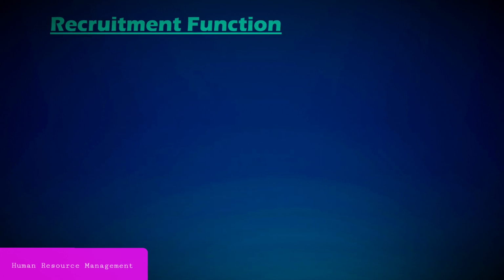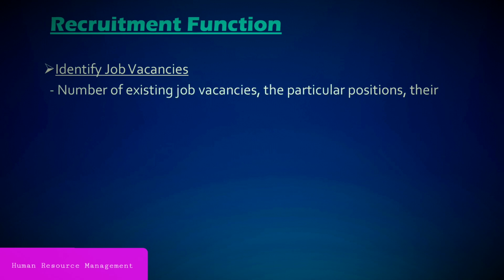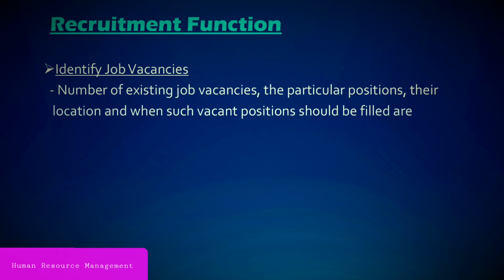Now let's look at what is meant by identifying the job vacancies. This involves the identification and determination of the number of existing job vacancies, the particular positions, their location, and when such vacant positions should be filled.